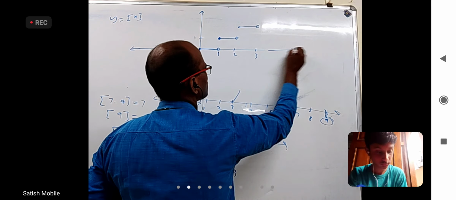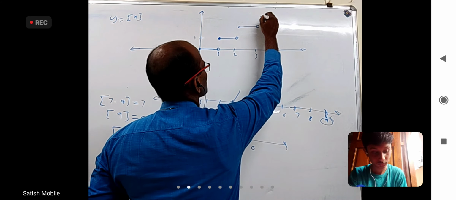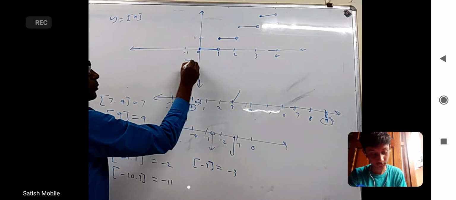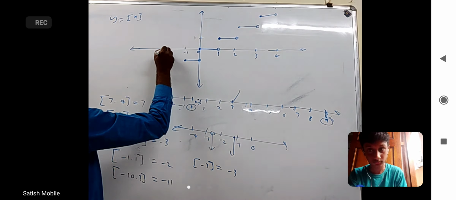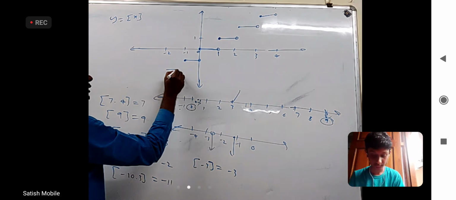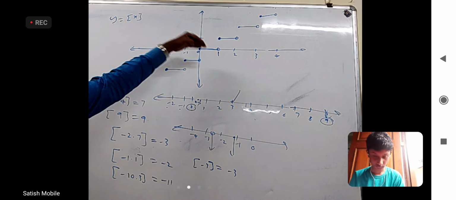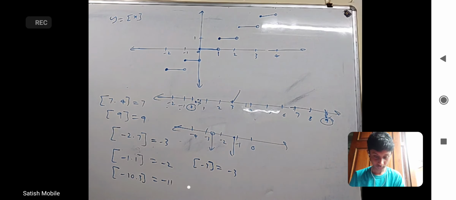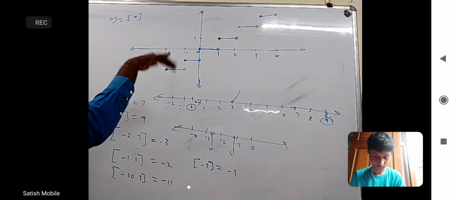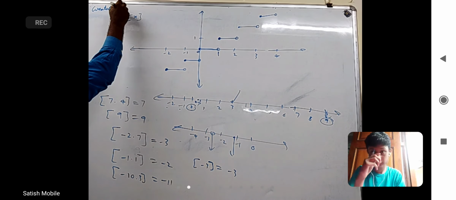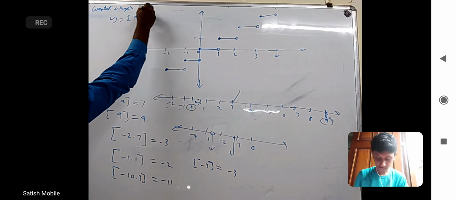Next you will get between 3 and 4 like this. Between 0 and minus 1 it will be a step at minus 1. Between minus 1 and minus 2 it will be a small step like this, which is minus 2. Because the graph looks like steps here, it is also called a step function. Wherever you started all this discussion, you can put a side heading in the beginning, greatest integer function.